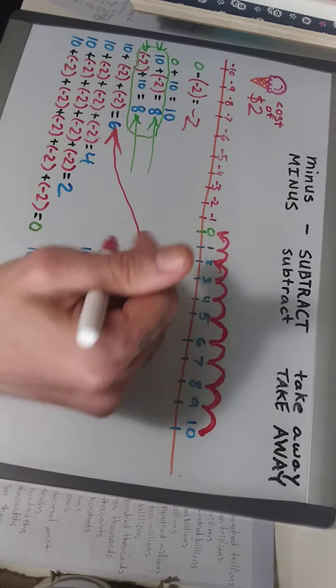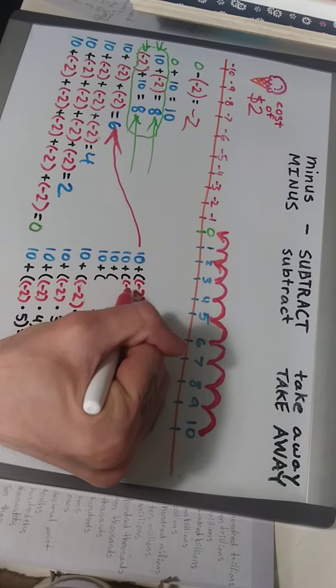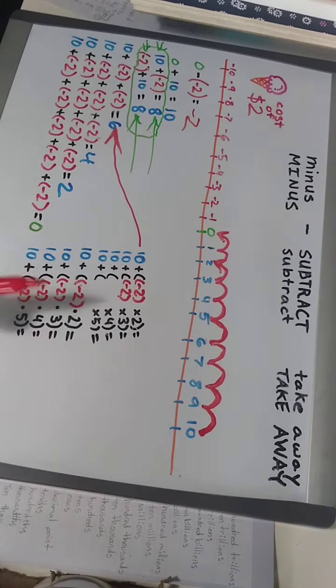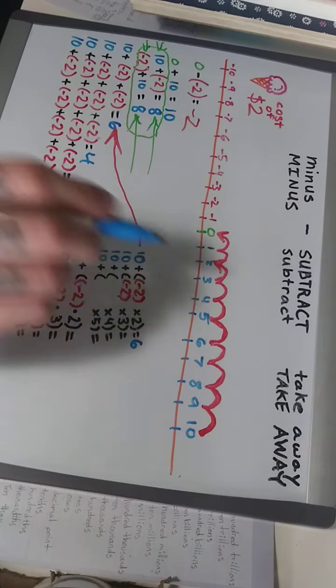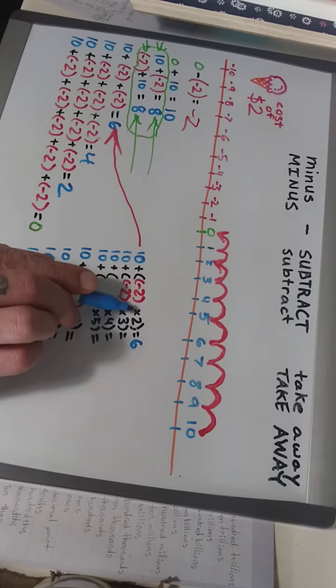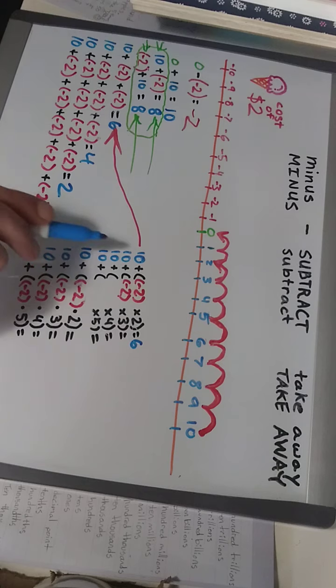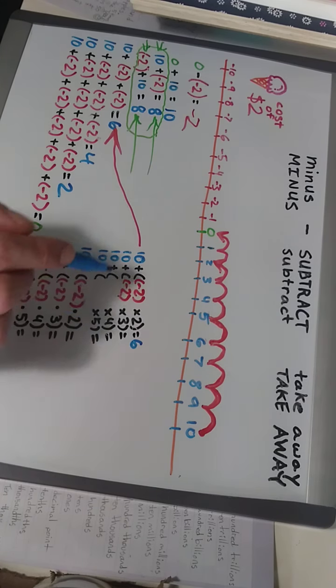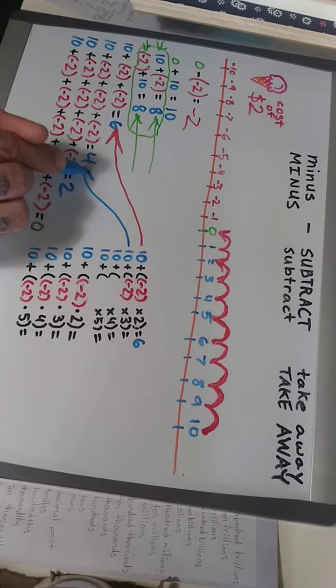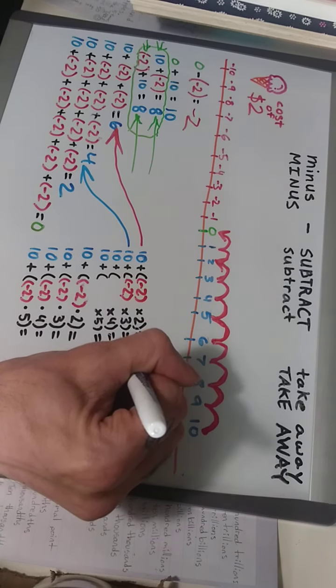So here we could say 10 plus negative 2 times 3, which, okay, I forgot here, so this would be 6. 10 plus negative 2 times 2 is 6. 10 plus negative 2 times 3 is 4.